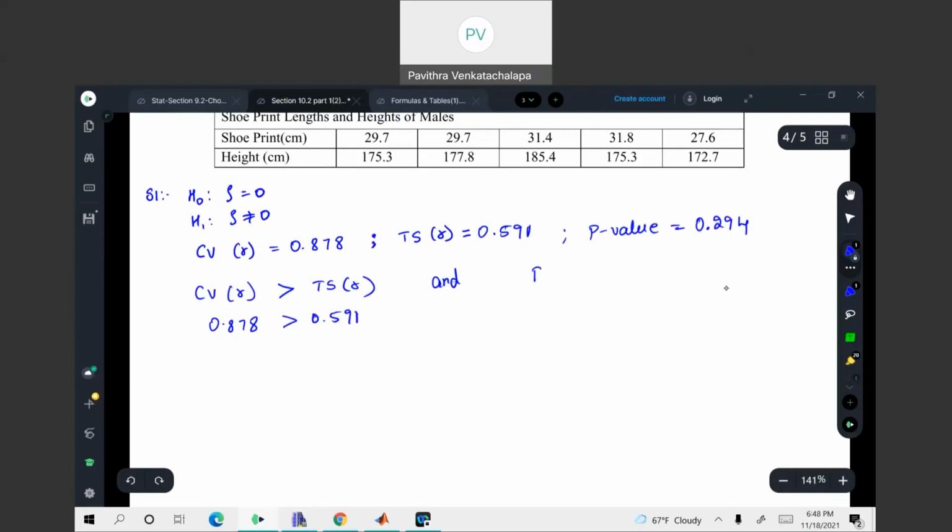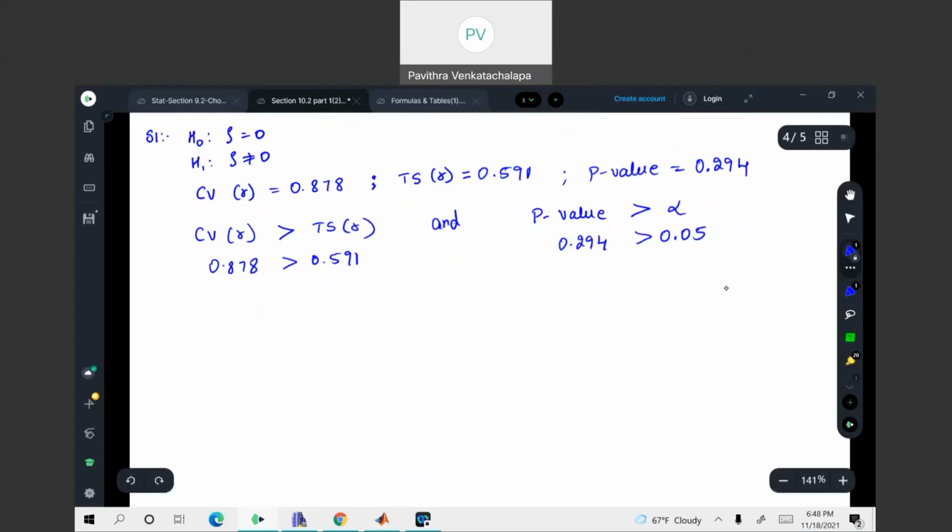And the P value, 0.294, is greater than alpha, which we took as 0.05. So when the P value is greater than alpha, your initial conclusion is what? Fail to reject H naught.